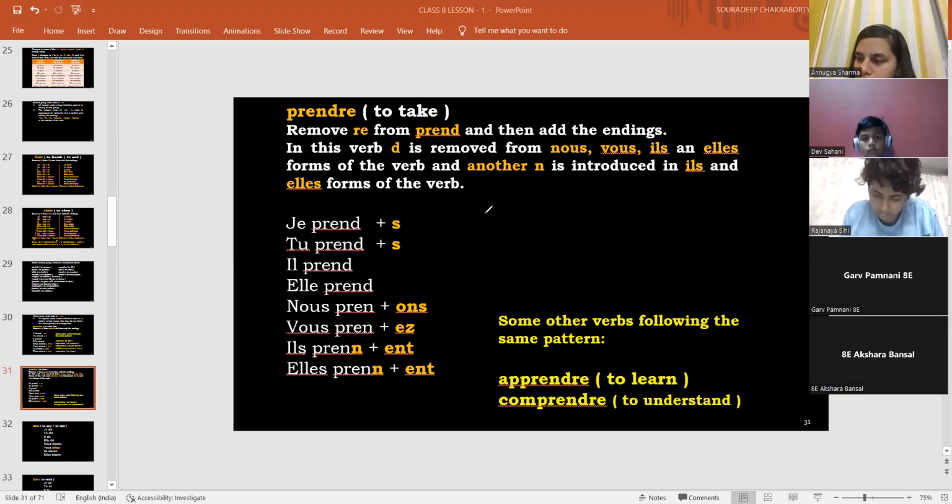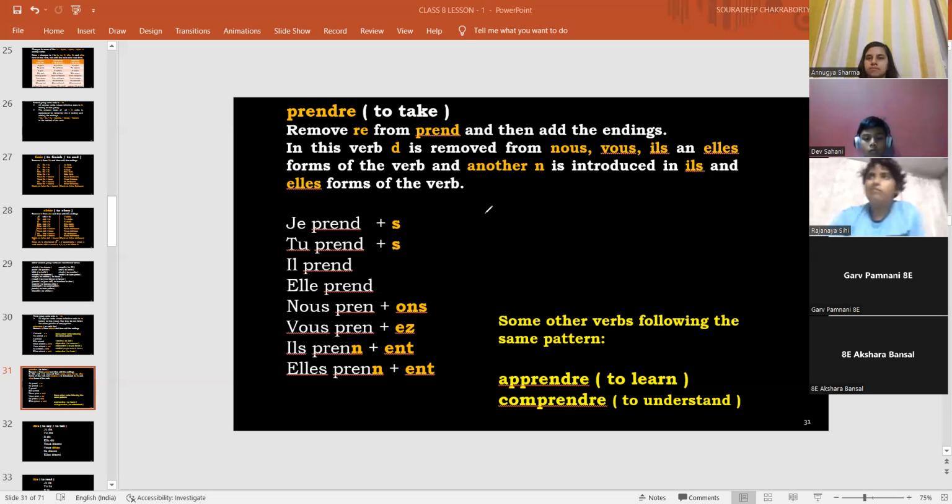The verb before we have shown you, attendre, the same things we are adding. But there is also removal. There's removal of D from the plural forms. First, second, third person plural forms. D is removed, and also we have added another N in the third person plural form.